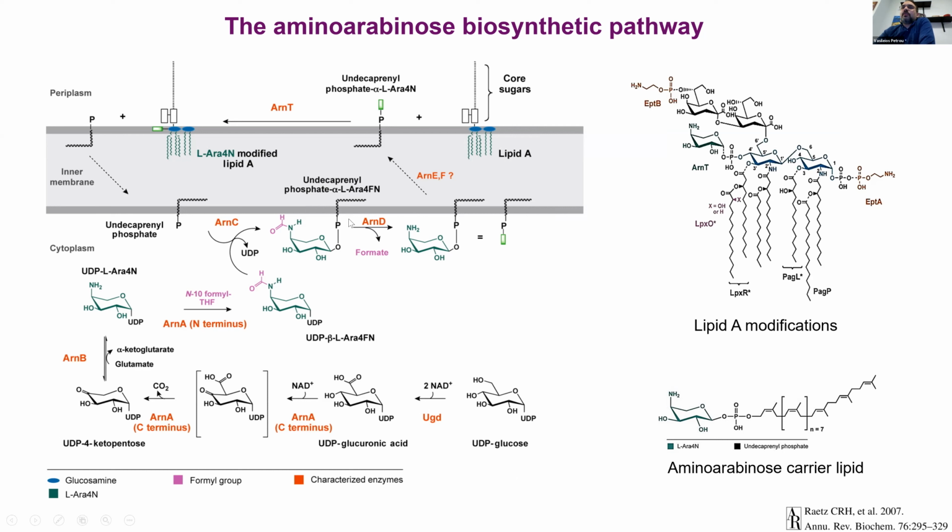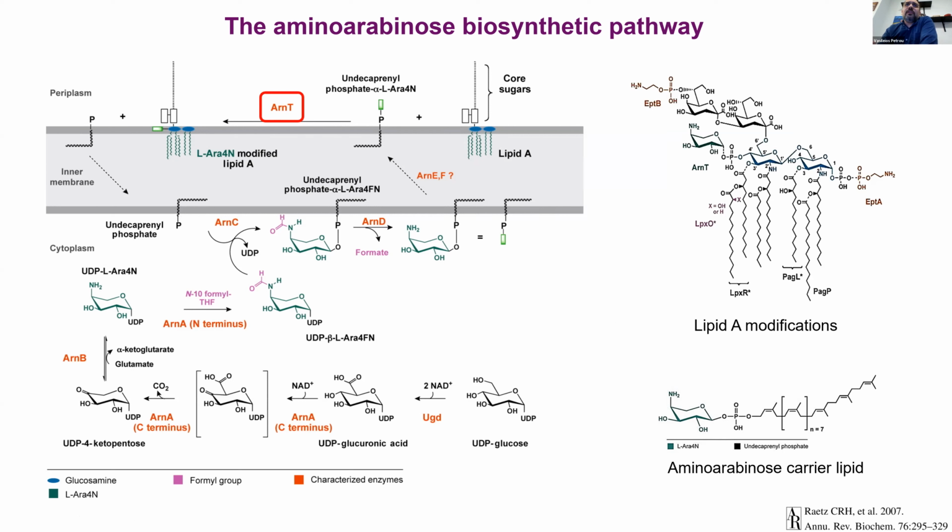We have another couple of enzymes, a deformylase and a flippase, that modify and transport the loaded sugar across the inner membrane, at which point the last enzyme of the pathway, ArnT, picks up the sugar and modifies lipid A to confer the polymyxin resistance.